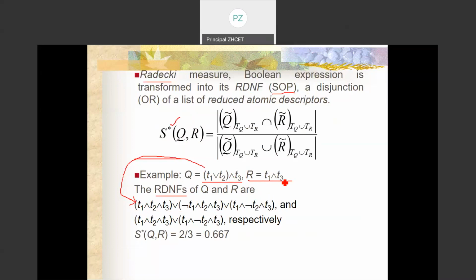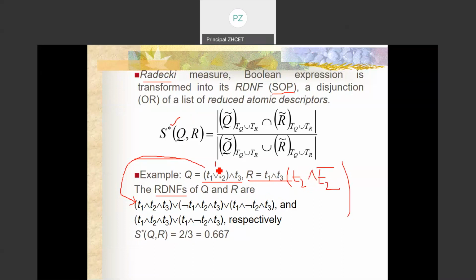And for R, T1 and T3, I know that I'll have to multiply with T2 or T2 bar.